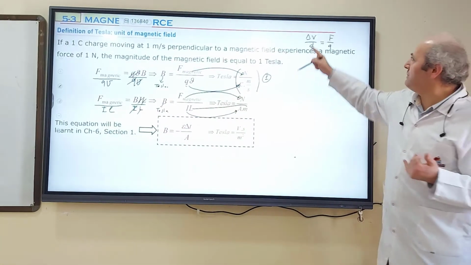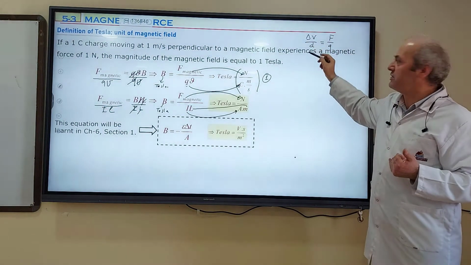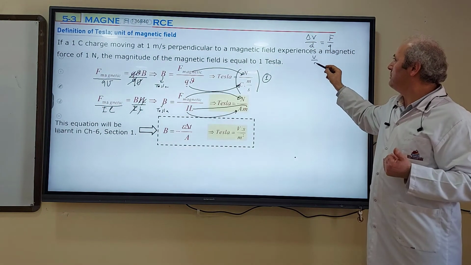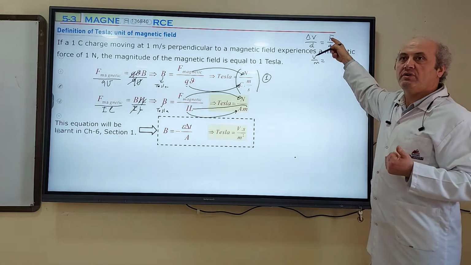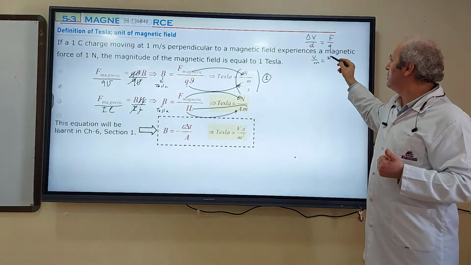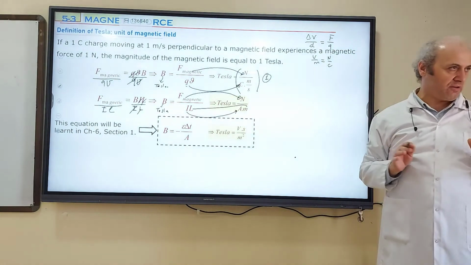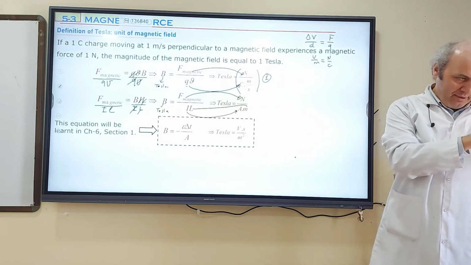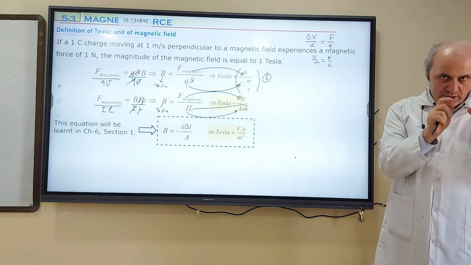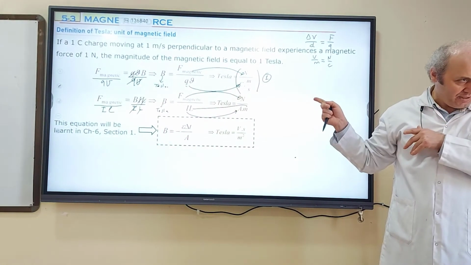One of them is volt per meter. The second one is Newton per Coulomb. Both are units of electric field. I wrote them on the first page of your browser.